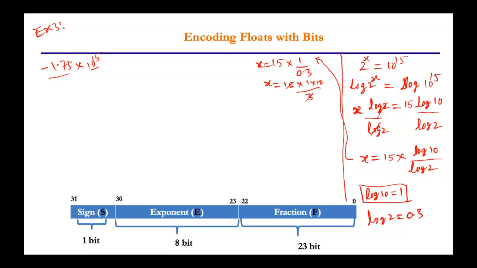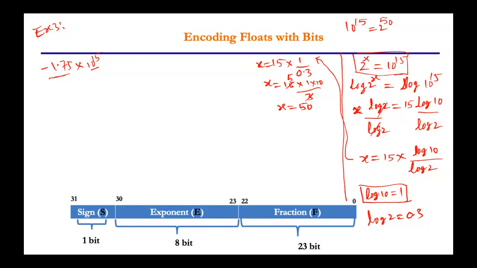So 3 fives are 15, and you will get x is equal to 50. That means 10 to the power of 15 is equal to 2 to the power of 50.